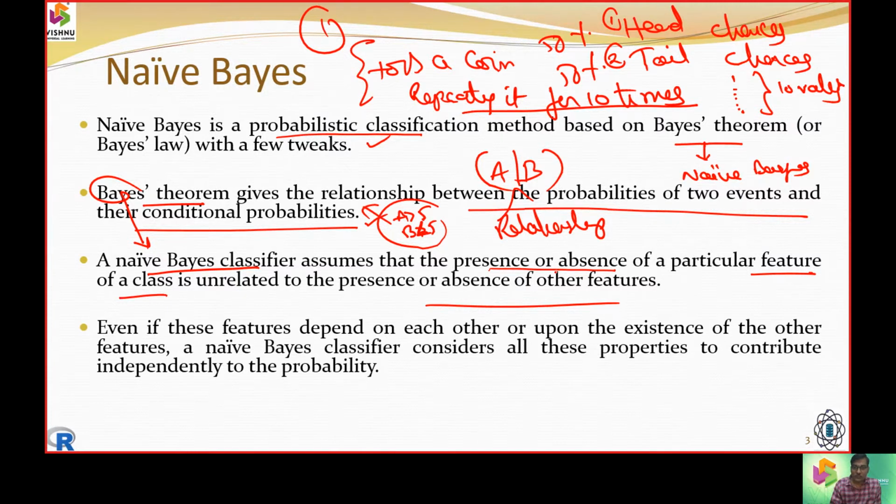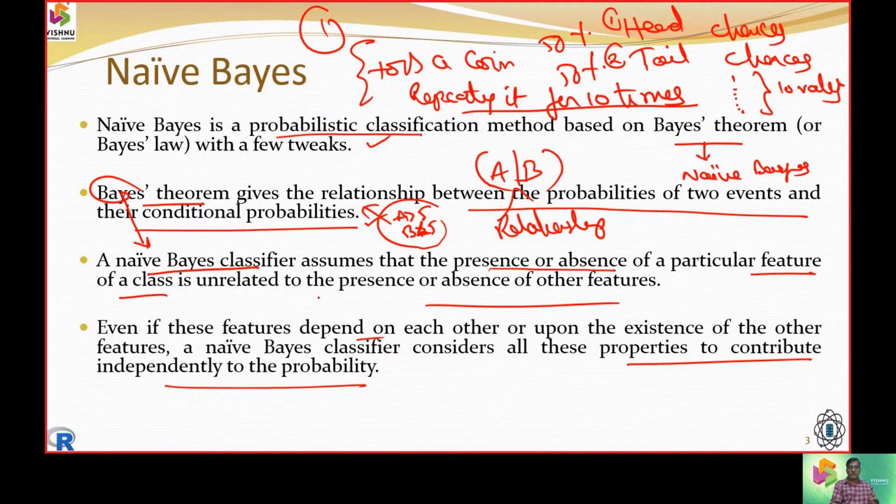The first and foremost thing is that even though the features are not going to depend on each other, the naive Bayes classifier will see how independently the features are associated with each other.